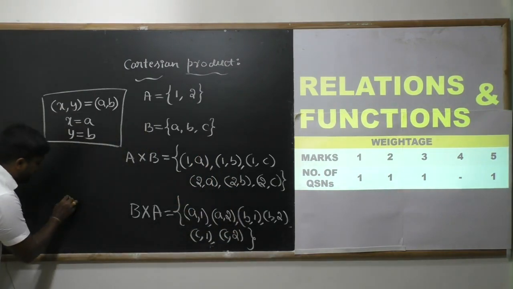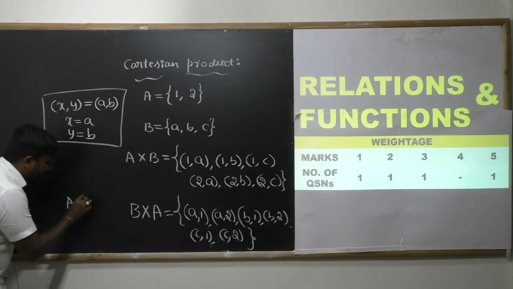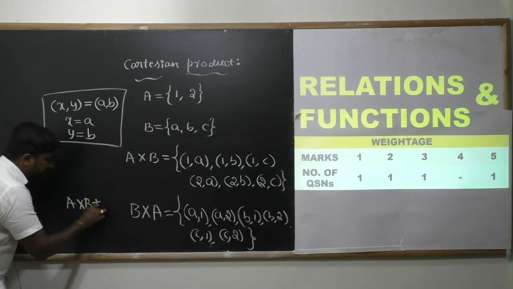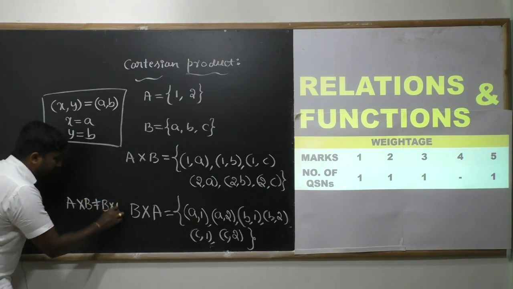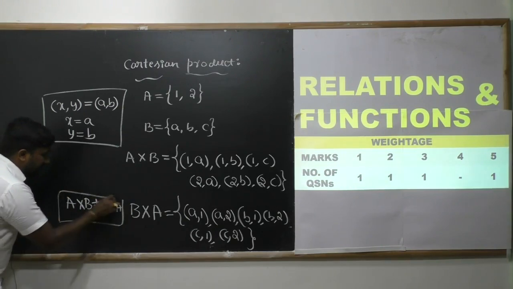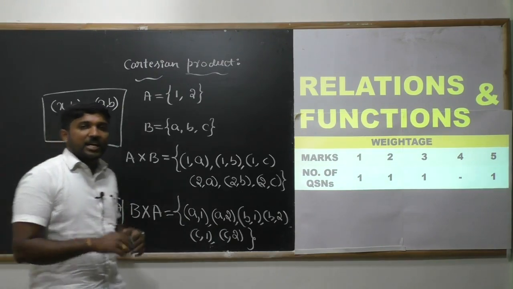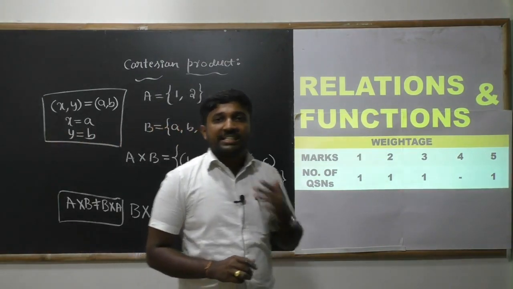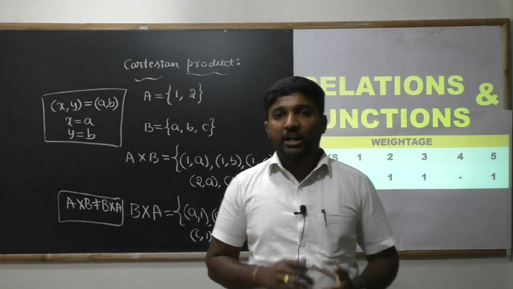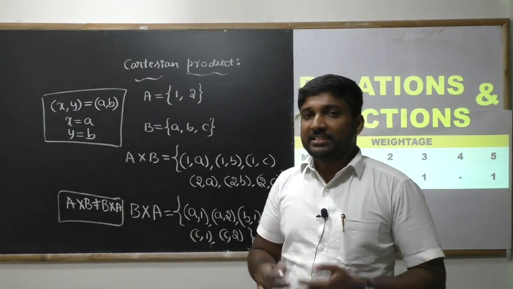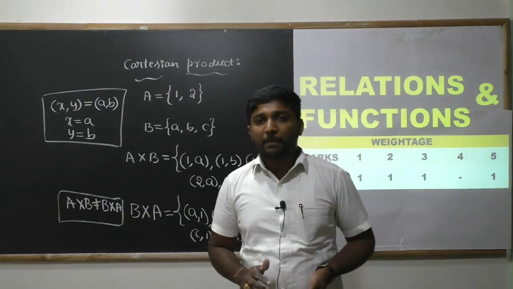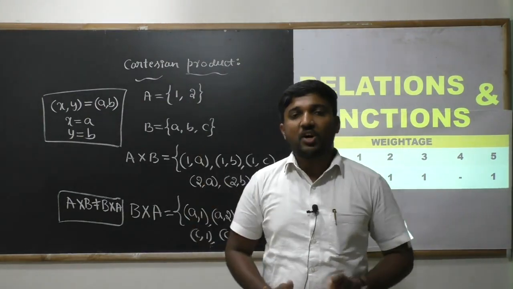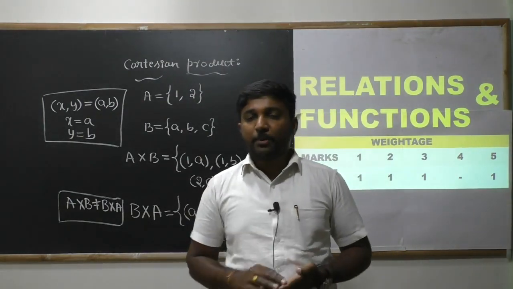Therefore, we write A cross B need not be equal to B cross A. Got this relation? Cross product between two sets is non-commutative. This is about the Cartesian product of two sets, or one more name is cross product.